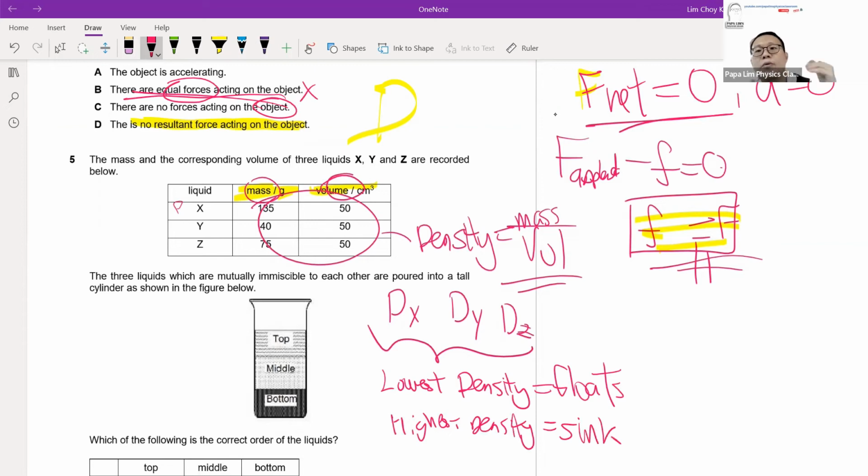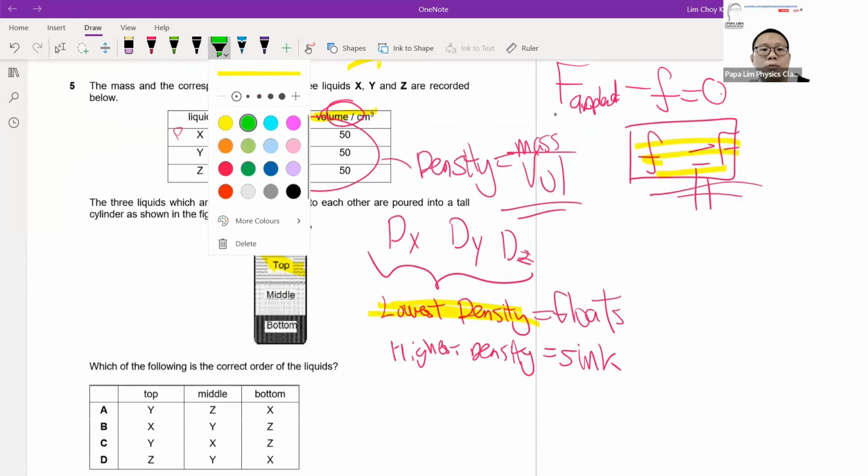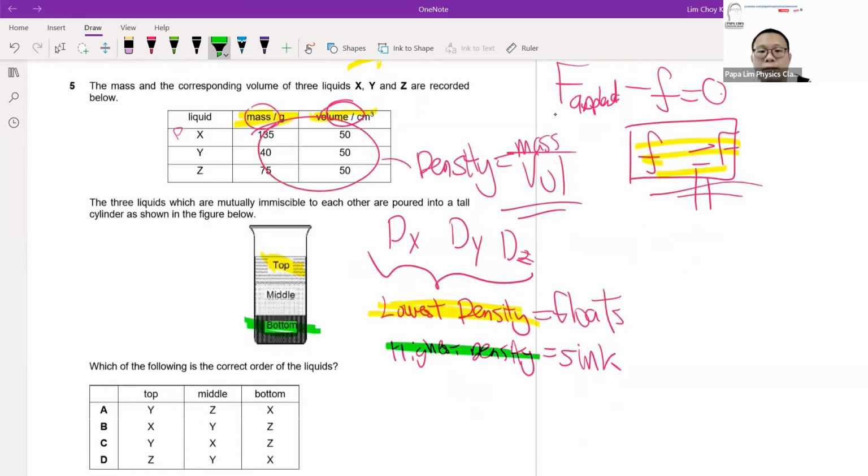Once you have calculated the densities, you can deduce who is on top and who is below, because the top has to be the lightest and the bottom has to be the highest density. With that you should be able to narrow down your answer to option A, based on the densities in the table. So you need to work out the density first, then deduce the location of the three liquids in the tall cylinder, based on the fact that the higher the density, the more it sinks.